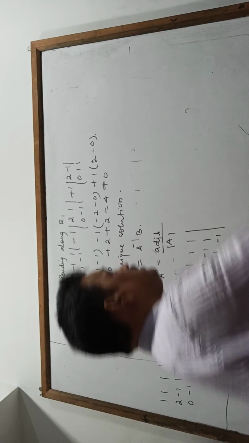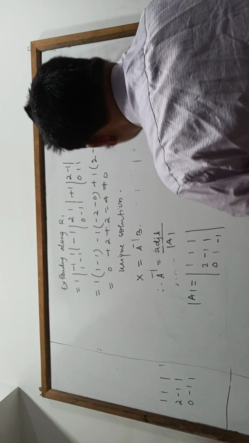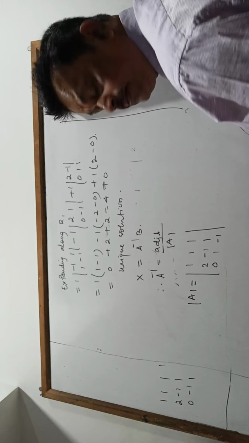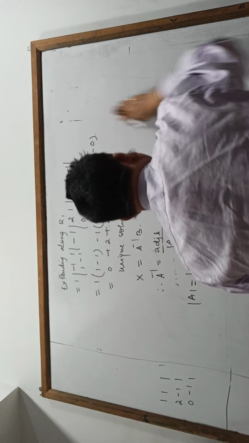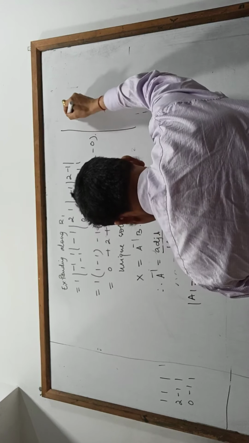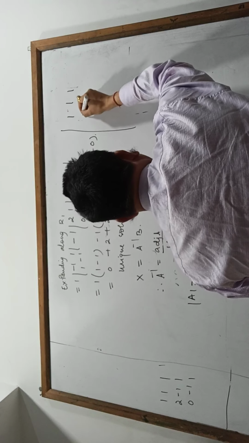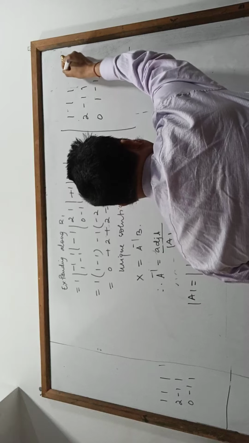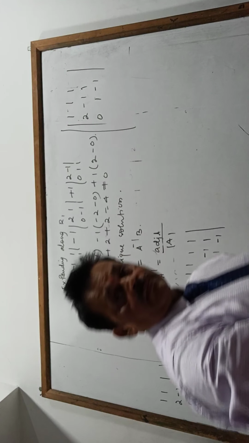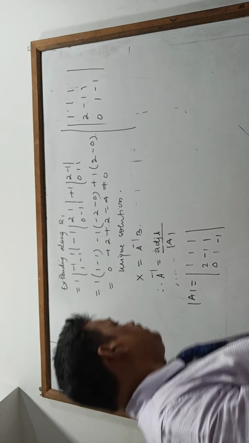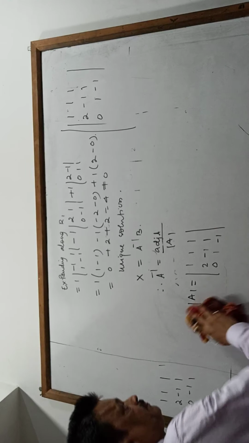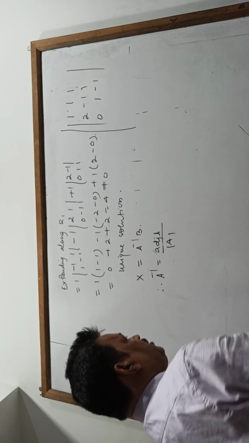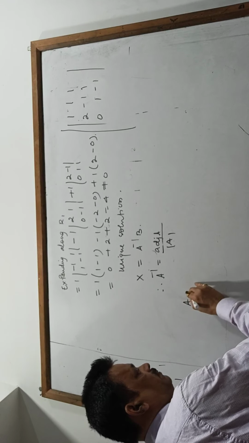Let's copy this question here so that we will not forget. It is [1 1 1; 2 -1 1; 0 1 -1]. Okay. I have kept it here so that it will be easy for us to calculate. First we will find A11.